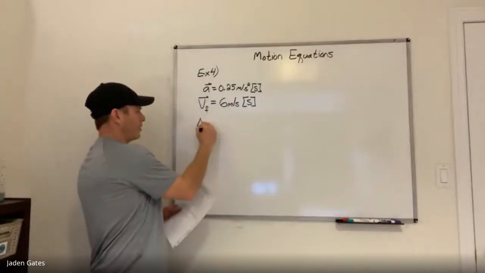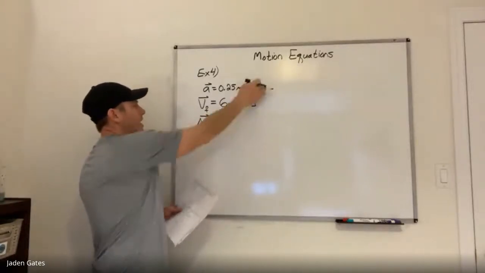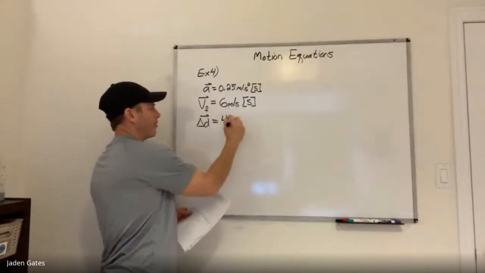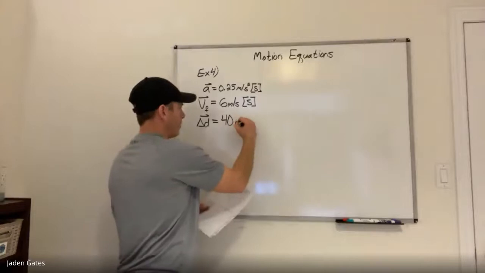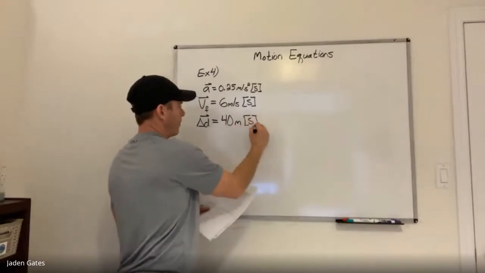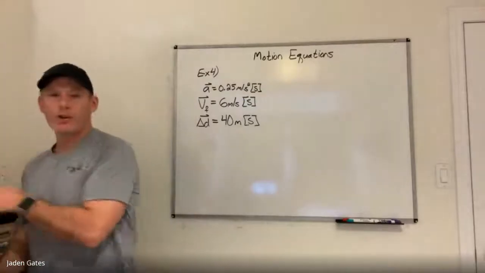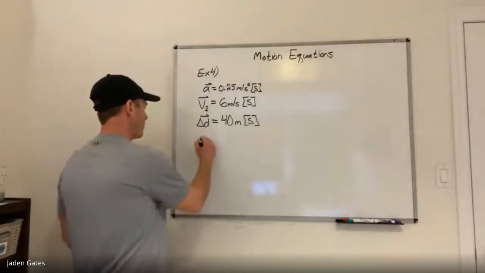Delta D, if we're traveling south, means our displacement is 40 meters south. And the last sentence asks, what is the initial velocity of the sailboat?